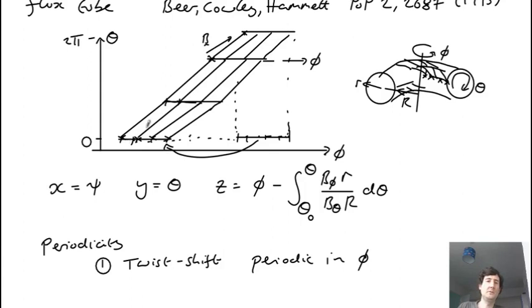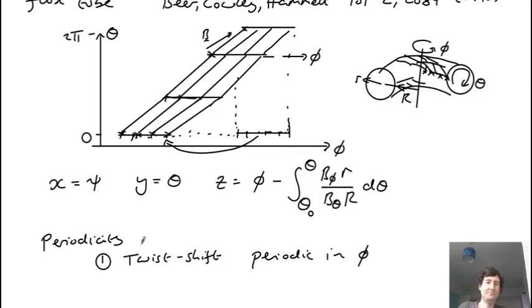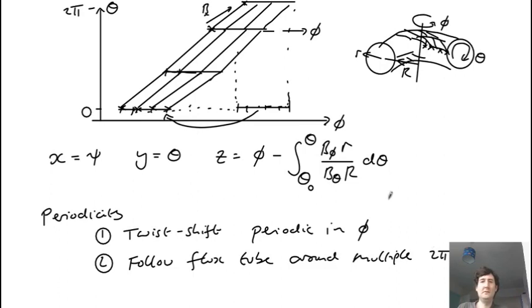So rather than going 0 to 2 pi, you go, say, minus 4 pi to plus 4 pi, following this tube around and around the torus multiple times. This is similar to the ballooning transform, where you transform from a theta coordinate 0 to 2 pi to a field line distance coordinate, which goes from minus infinity to plus infinity.